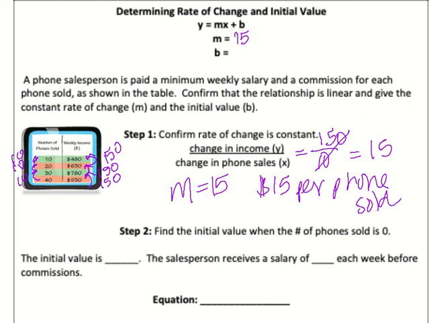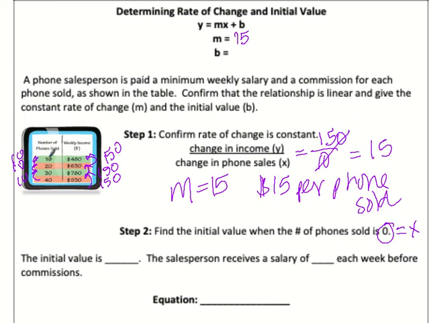That's the way I want to do it, in case we don't have a table. So we want our initial value where it's 0 phones sold. That's our x, the number of phones sold, and we need to figure out what it is for y. What would I get if I didn't sell any phones whatsoever?